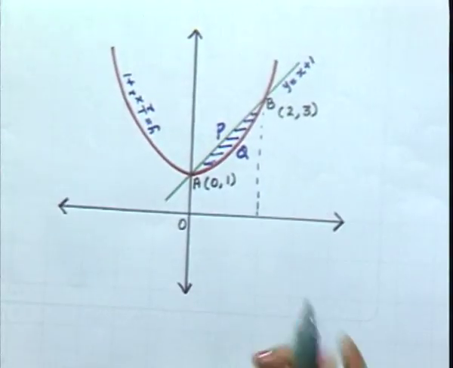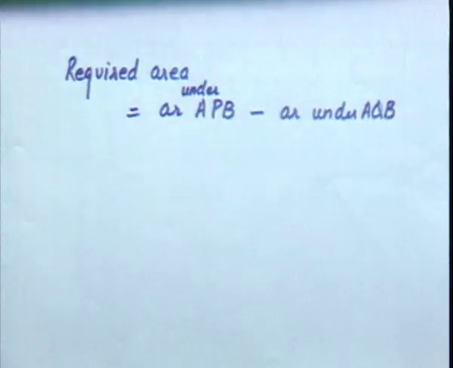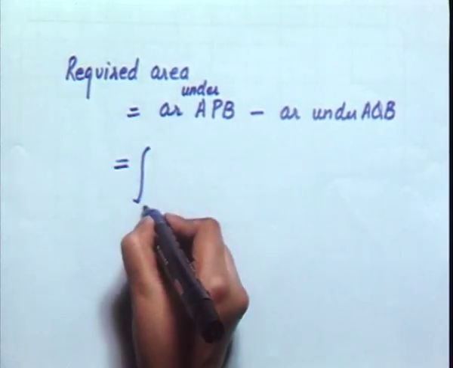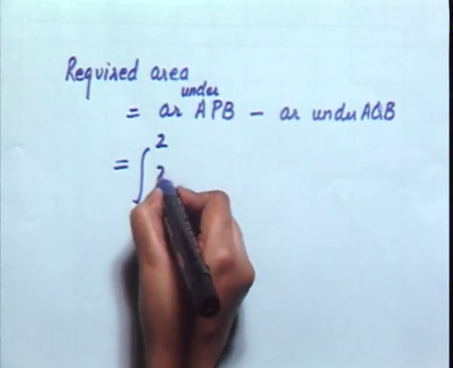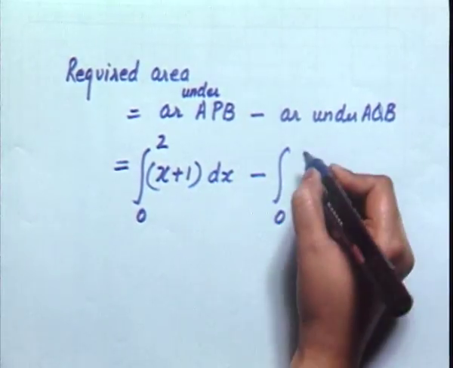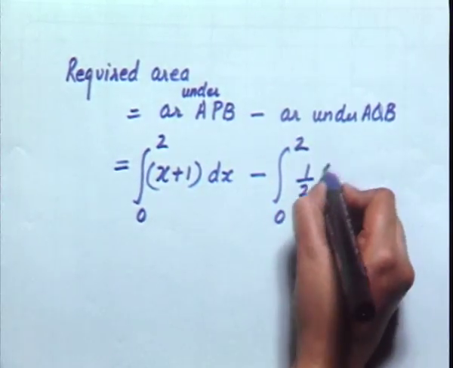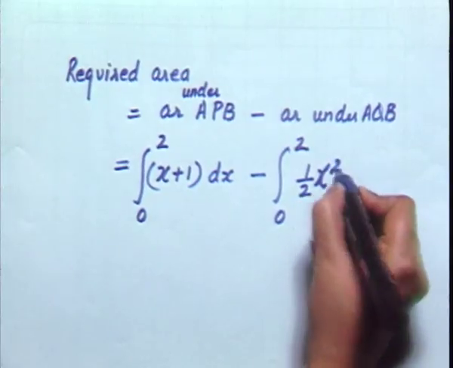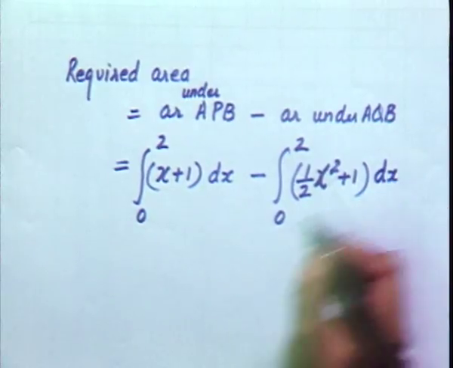You have area under the line APB minus area under the arc AQB, and that is equal to, with the limits as shown earlier from 0 to 2, APB defined by the line, so y is x plus 1, minus arc AQB defined by y is equal to half x square plus 1, and the limits are again the same, 0 to 2. This is what you have as the required area, the difference of these two integrals.